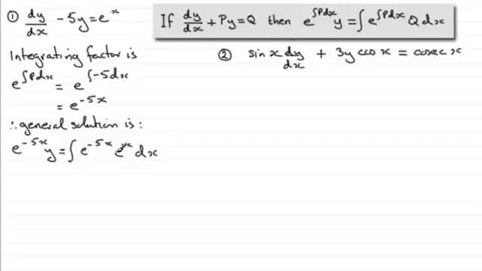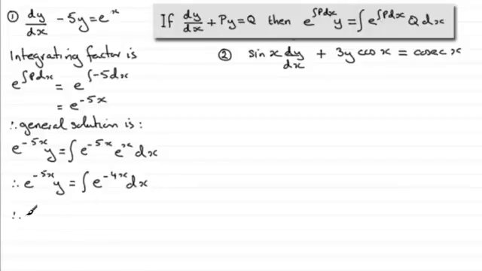Now we can tidy this up. Let's just rewrite this as e to the minus 5x times y equals, now if we multiply these two together we've got to add the powers, so it's going to be the integral of e to the power minus 4x, and that's integrated with respect to x.